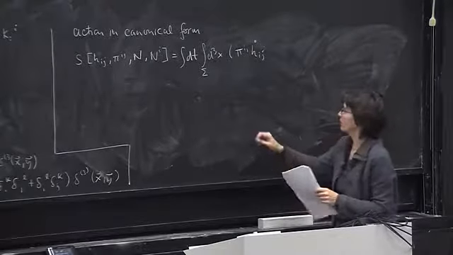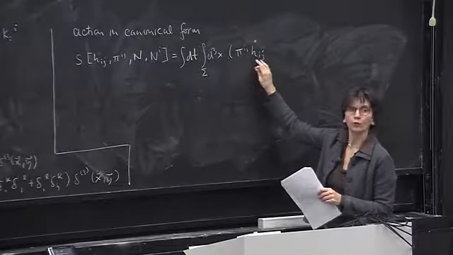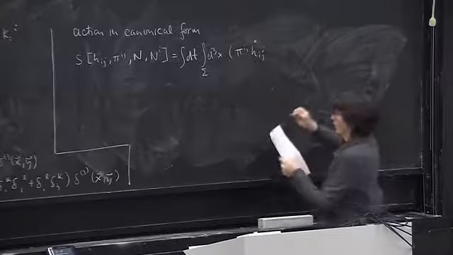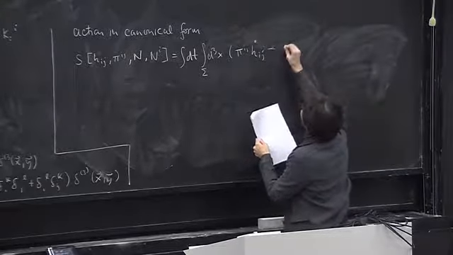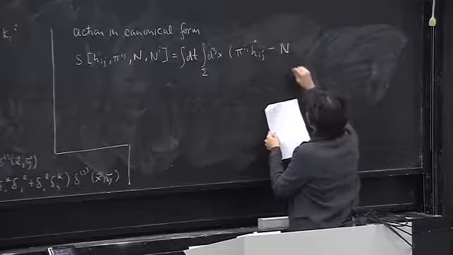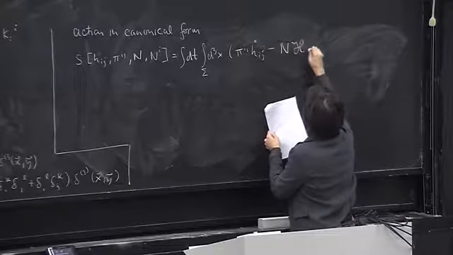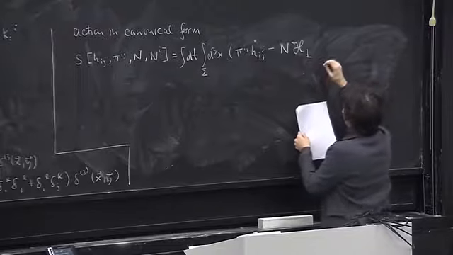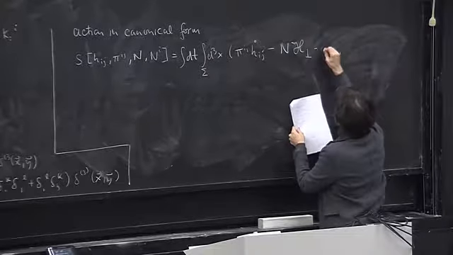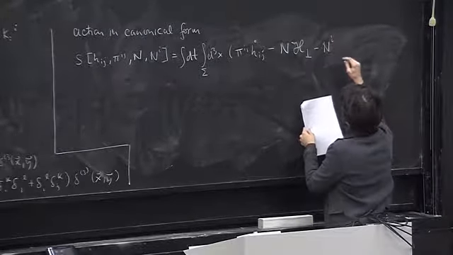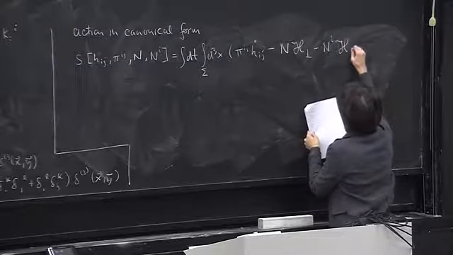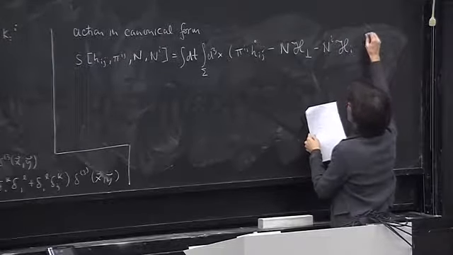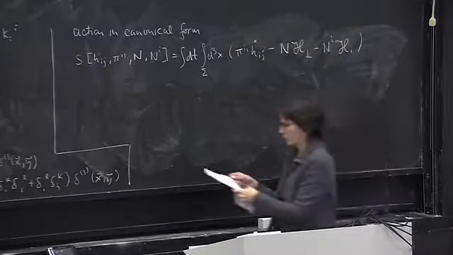So that's my standard p q dot term minus the lapse function times a function which I call curly H perp, minus the shift vector times some other phase-space function H_i perp, where now I have to write those down for you.